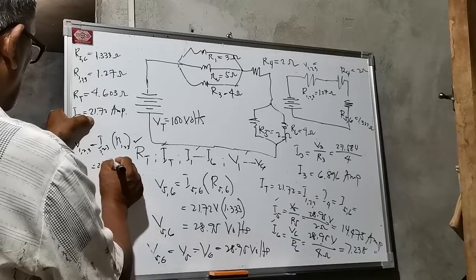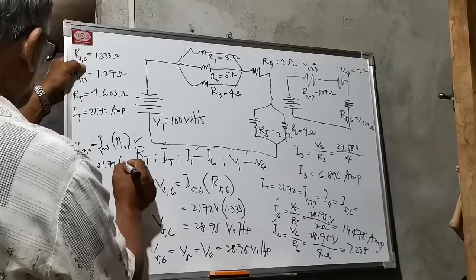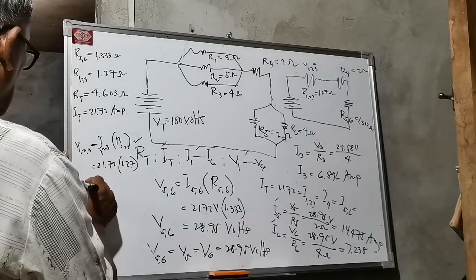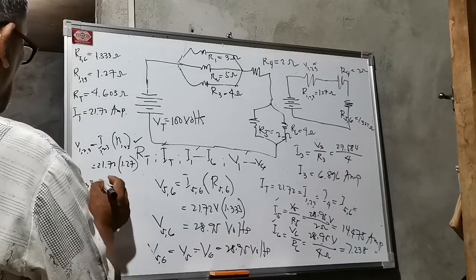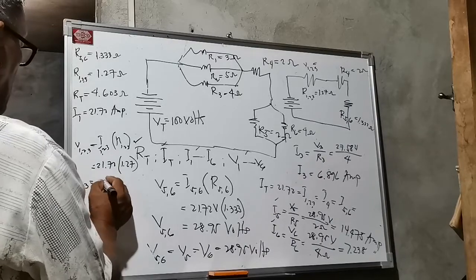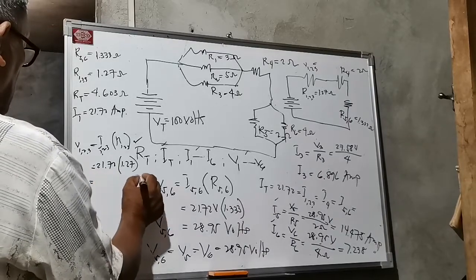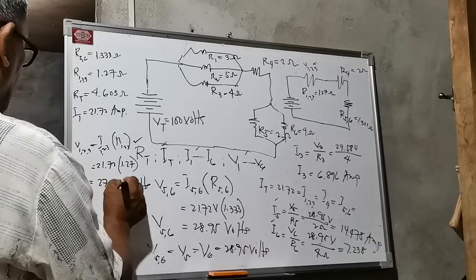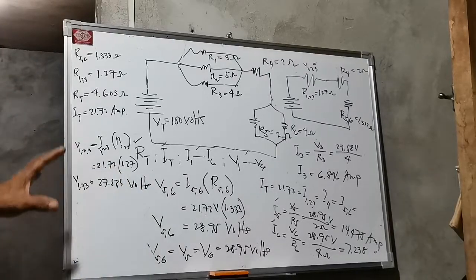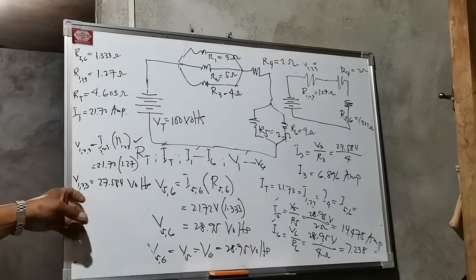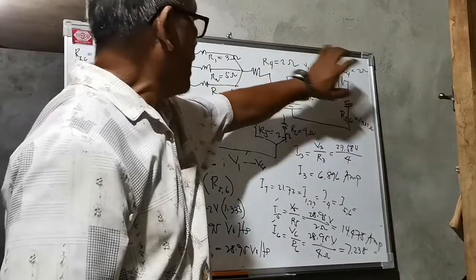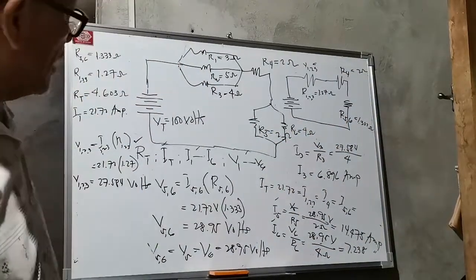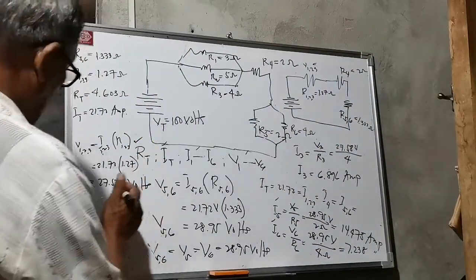Therefore, 21.72 times R123, 1.27, will give us 27.584 volts. And this is the final check. If V123 here, plus the voltage here and the voltage here will give us 100 volts, then our solution is correct.